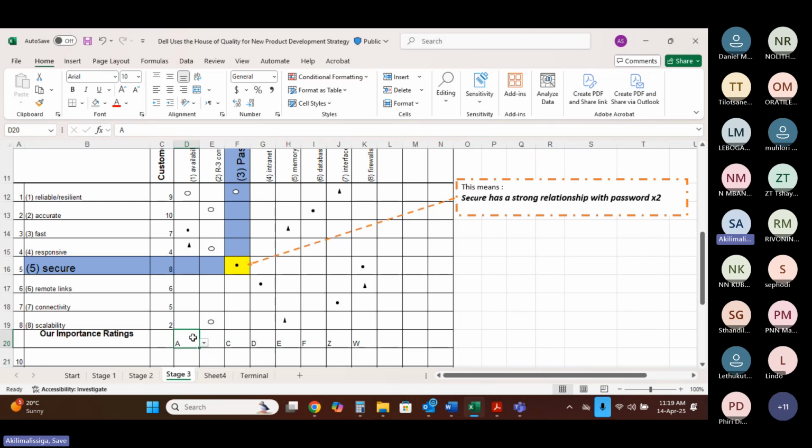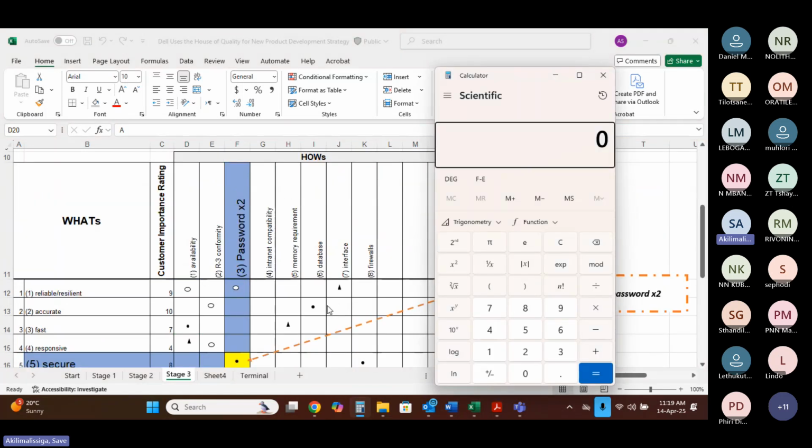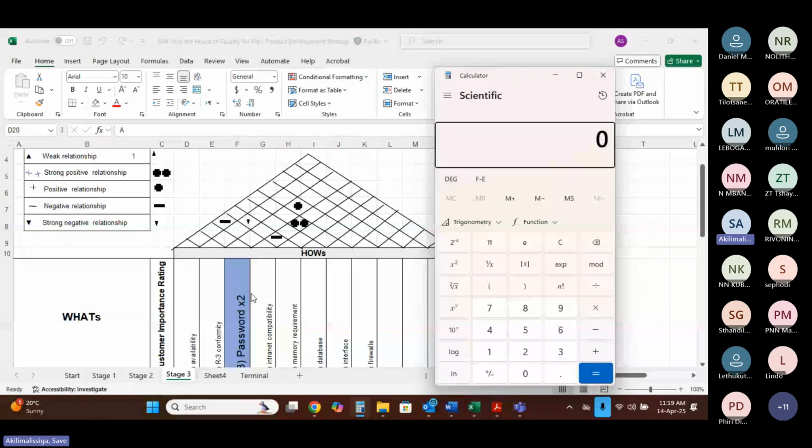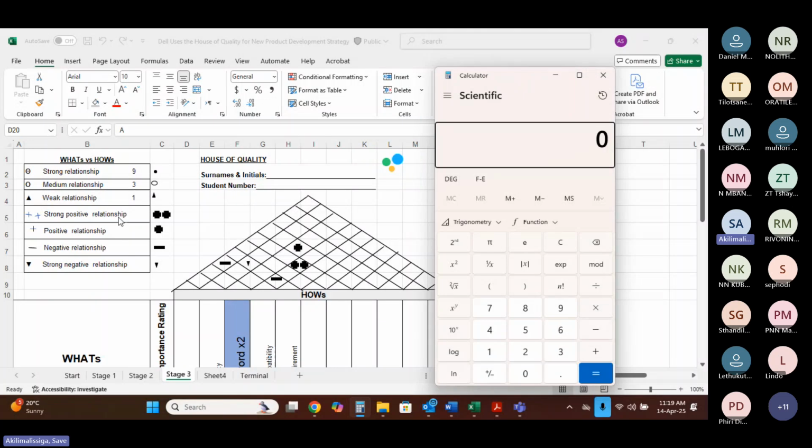The total will be the value of A. The specific number associated with each symbol is also provided here. A strong relationship is 9, a medium relationship is 3, and a weak relationship is 1.